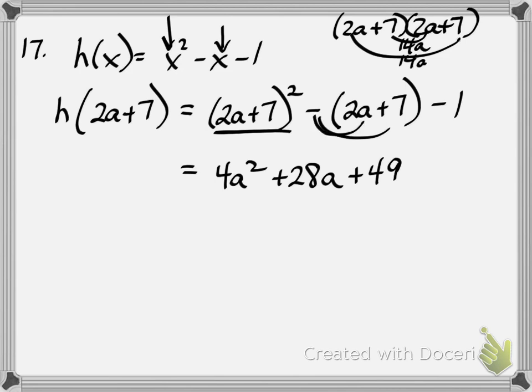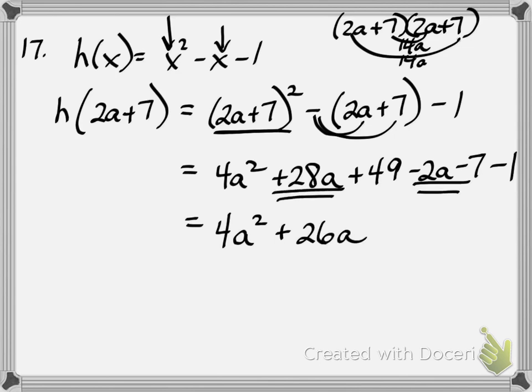Right here we distribute a negative, minus 2a, minus 7, and bring down your minus 1. Combine like terms, you get 4a squared plus 26a, and then the constant, 49 minus 7 minus 1, is plus 41.